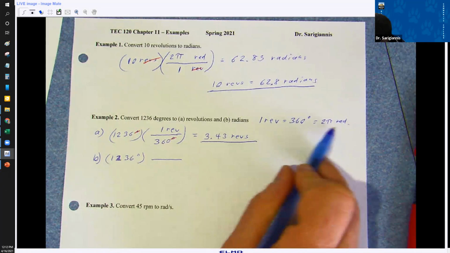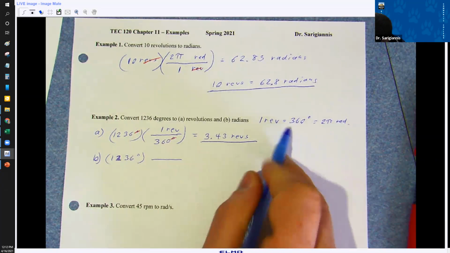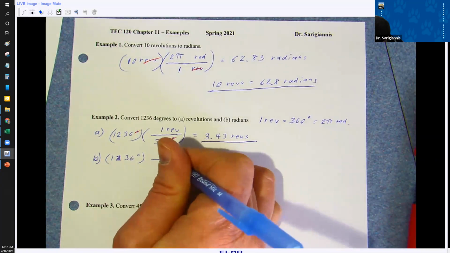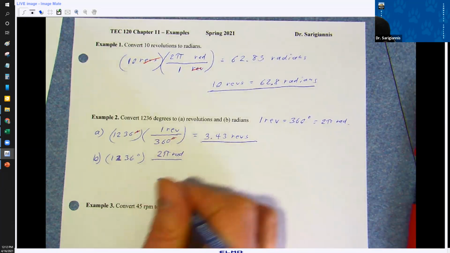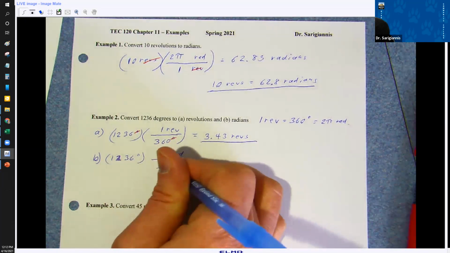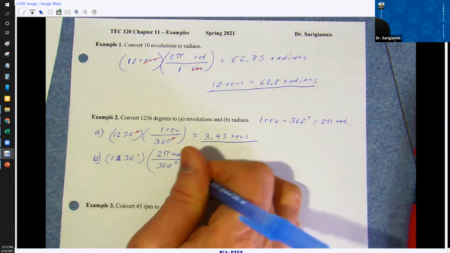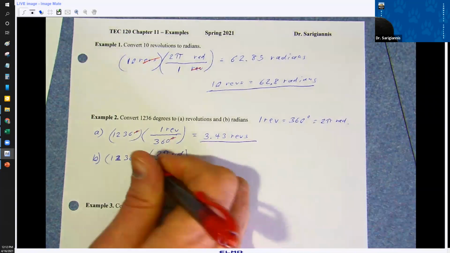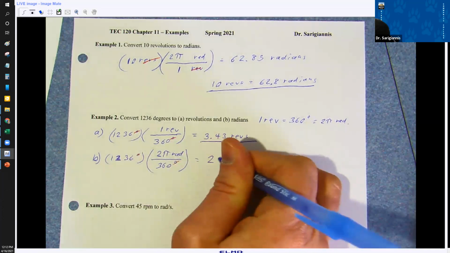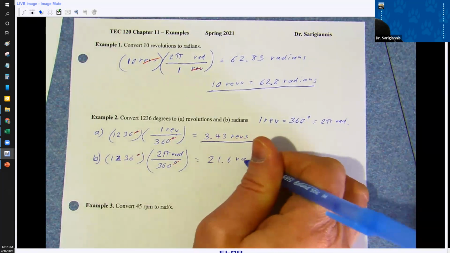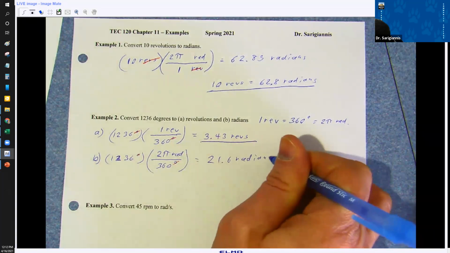So we're going to use 2 pi radians is 360 degrees. The radians go on top because that's what we want, and we want to cancel out the degrees. So here we get 21.6 radians.